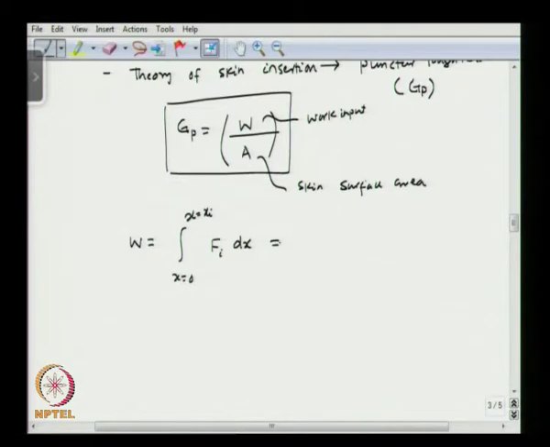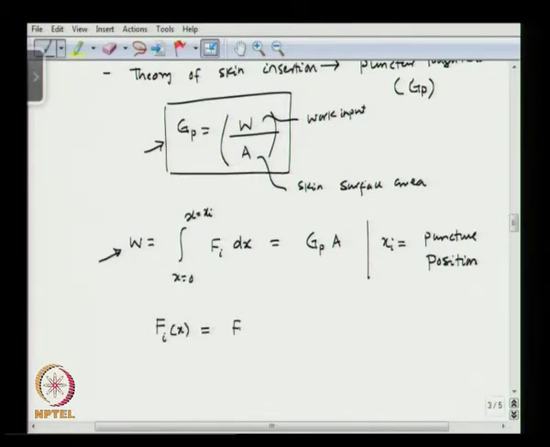That work will be equal to Gp, puncture toughness, into area, as you can see from this equation, where xi is the puncture position.